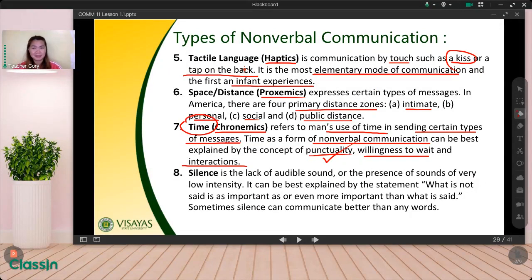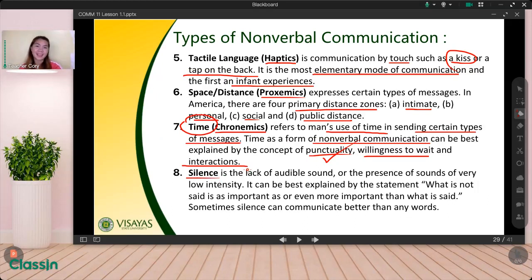That's really Filipino time, and that communicates so negatively with other people, especially in Japan, who are very specific with time. So that is monochronic.